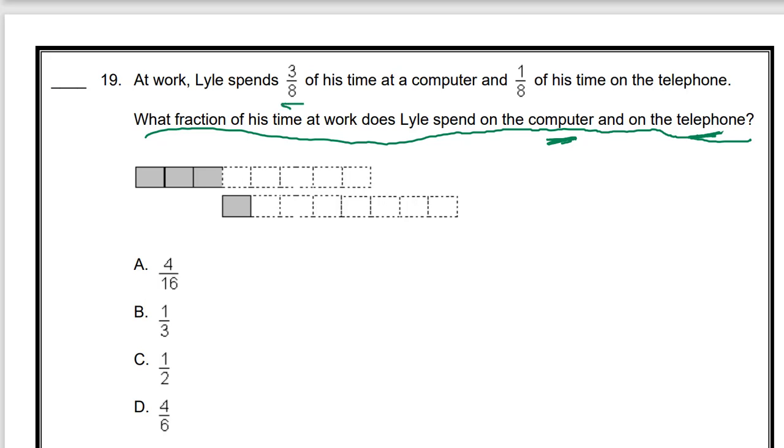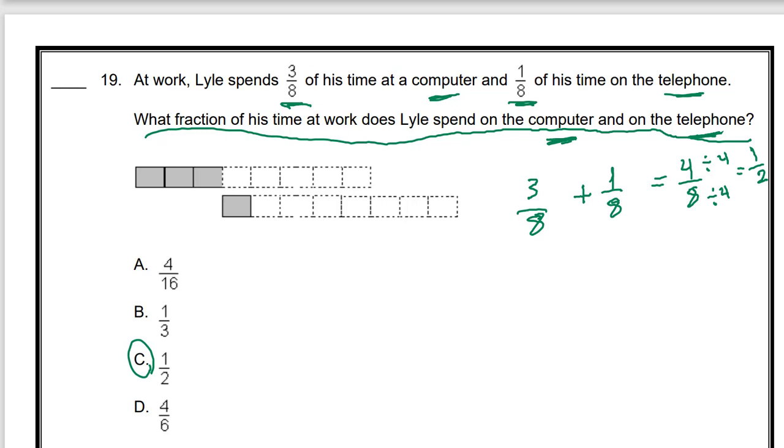So we have on the computer 3/8, the telephone 1/8, that's why we need to add 3/8 plus 1/8 to get 4/8. And as you know, we can divide it by 4 to get 1/2, which is the simplest form.